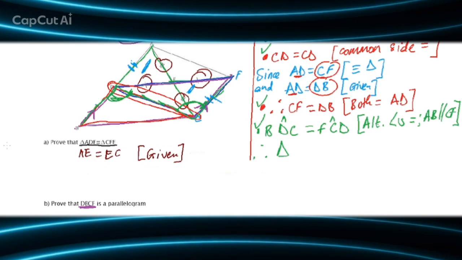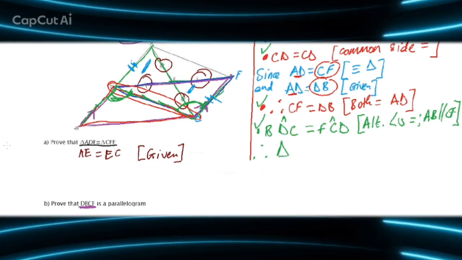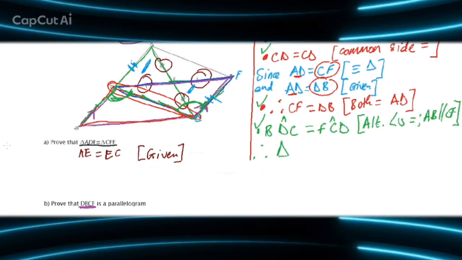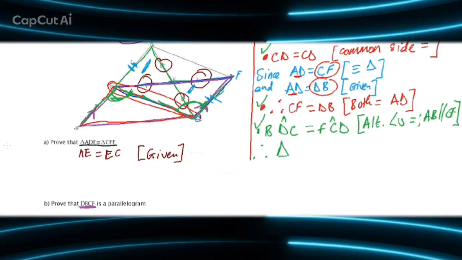Alternate angles are equal, since we have AB parallel to CF. Now, since we have three points, the first point, the second point, and the third point, we can now conclude that triangle BCD is congruent to triangle CDF.